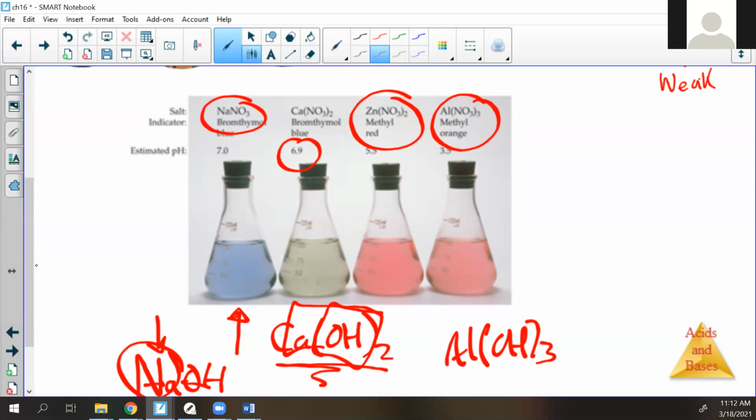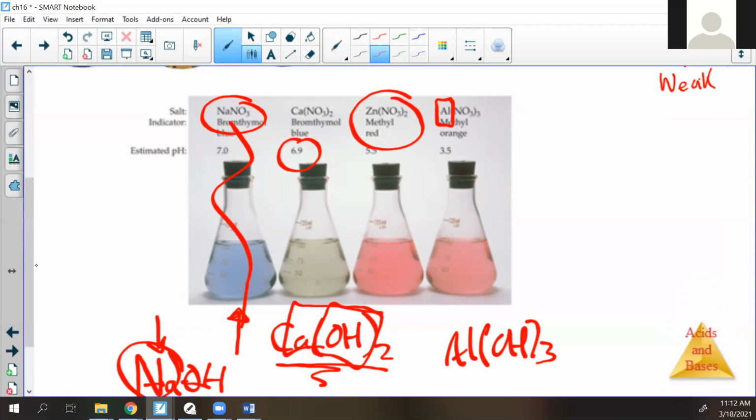All of these caused, well, this one did nothing, but those 3 caused a decrease in pH. I mean that the base I could form, that cation is the weakest.